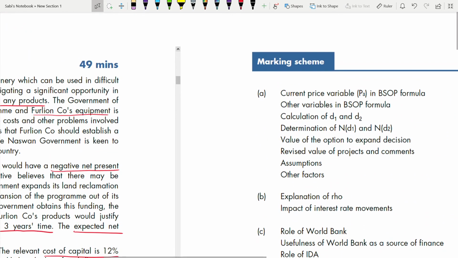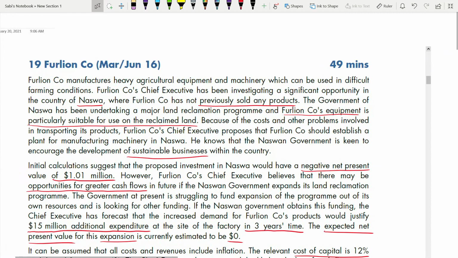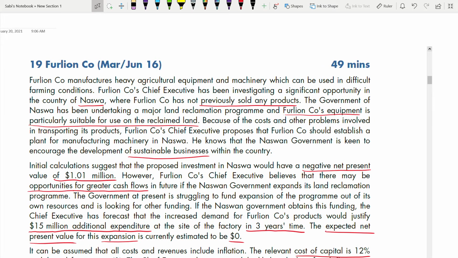Let us go. Definitely in the first paragraph only. It manufactures heavy agricultural equipment and machinery which can be used in difficult farming conditions. This means it is specialized only. This cannot be used in everyday or any other work. It is only used in difficult farming conditions.